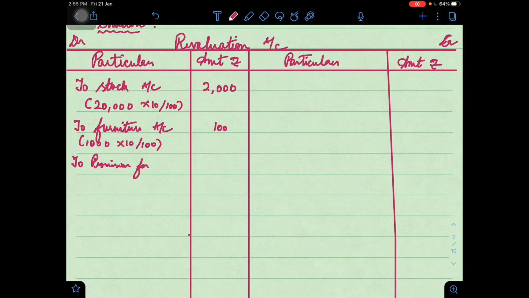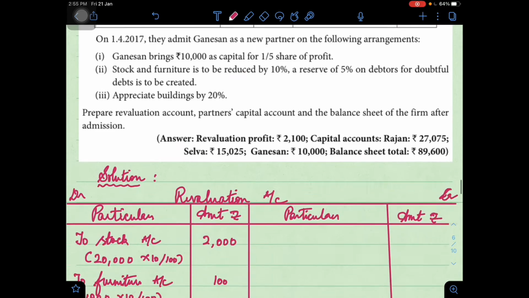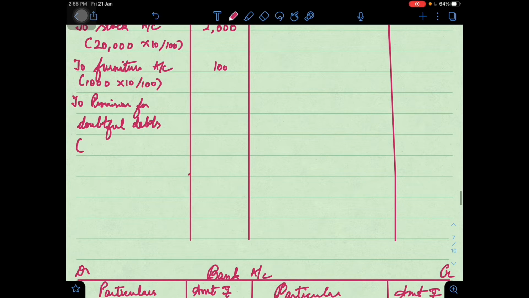To provision for doubtful debts. Now what is the debtors value for this? 16,000. In that you have to calculate 5%. So 16,000 into 5 by 100. If you cancel it and then multiply, you will be getting rupees 800.